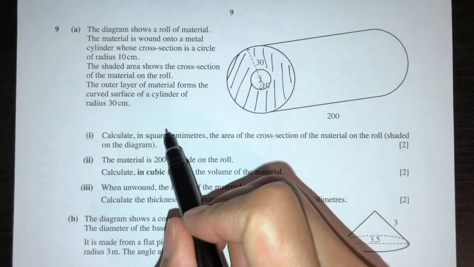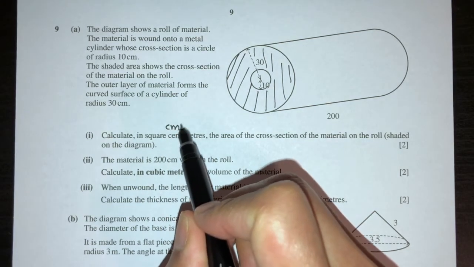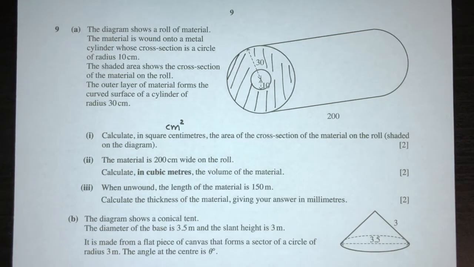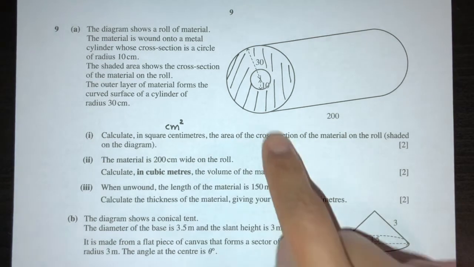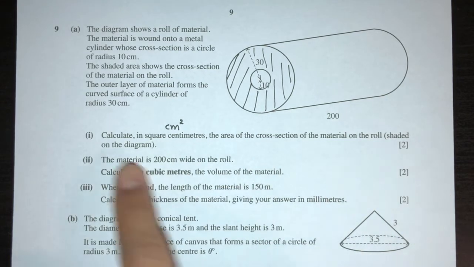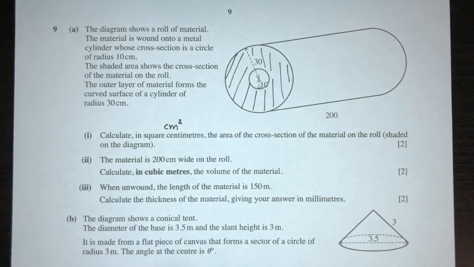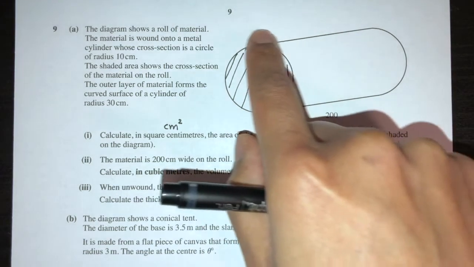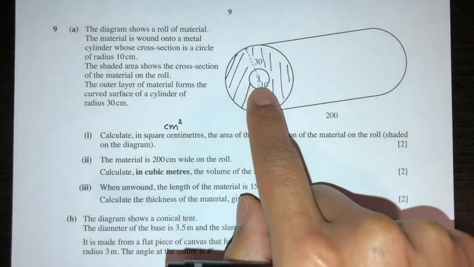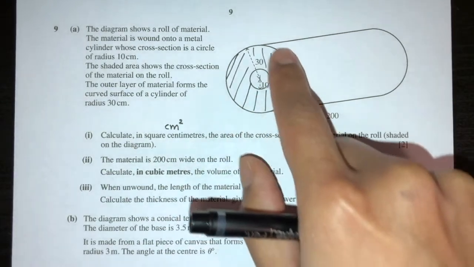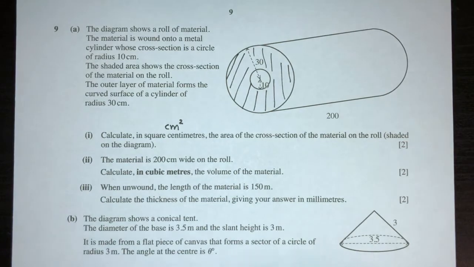So you have to find your answer in terms of square centimeters. The area of the cross-section of the material on the roll. As you can see here, we have to find the shaded area. So by observation, how would you find that? You would see that we need to first find the area of the big circle minus the small circle to get the area of that shaded region.